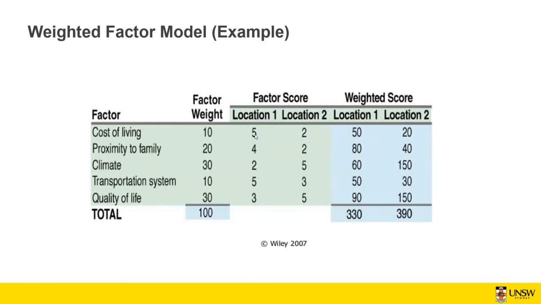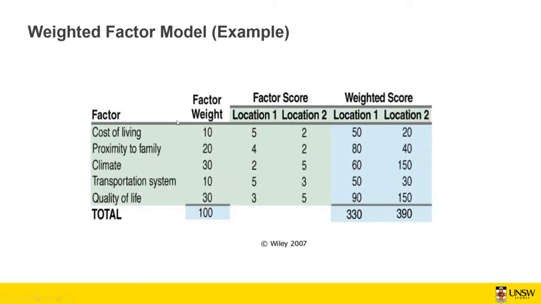It's not the case in Sydney, but let's assume that for that location the cost of living is pretty cheap, so it's got a 5 score, but location 2 is relatively expensive, so it's got a score of 2. The way that you get the weighted score is, say you have a weight factor of 10. So 10 multiplied by 5 is going to be 50 for location 1, and 2 multiplied by 10 is going to be 20 for location 2.